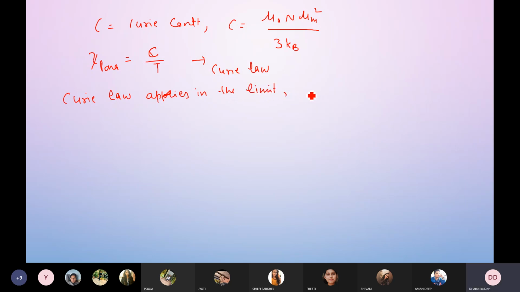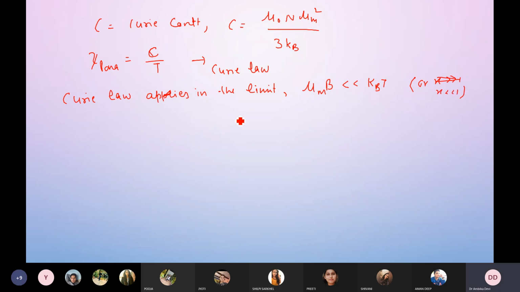What did we assume? Initially we assumed that mu m B should be less than kb T, okay, or when x is less than 1. X is less than 1.